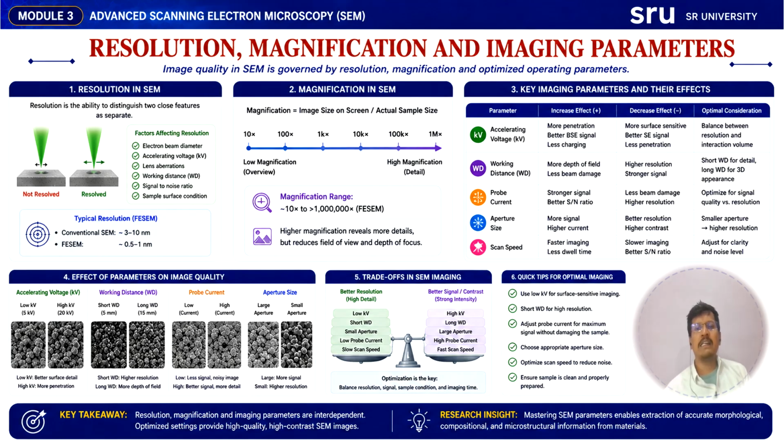We can also highlight the trade-offs involved in SEM imaging. For example, increasing beam current improves brightness but may damage the delicate sample.